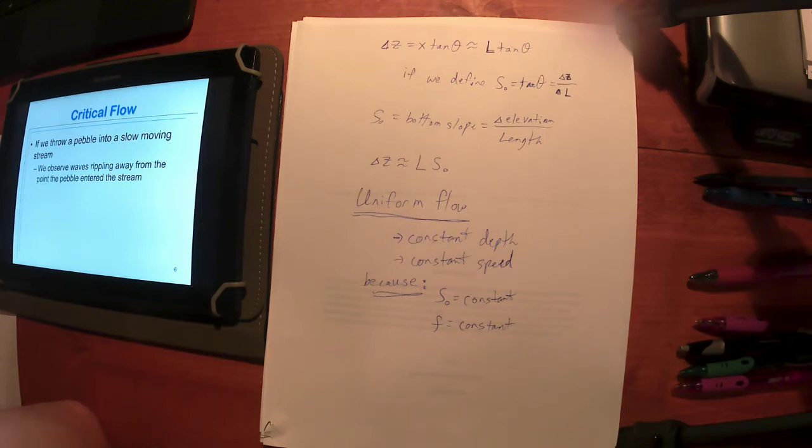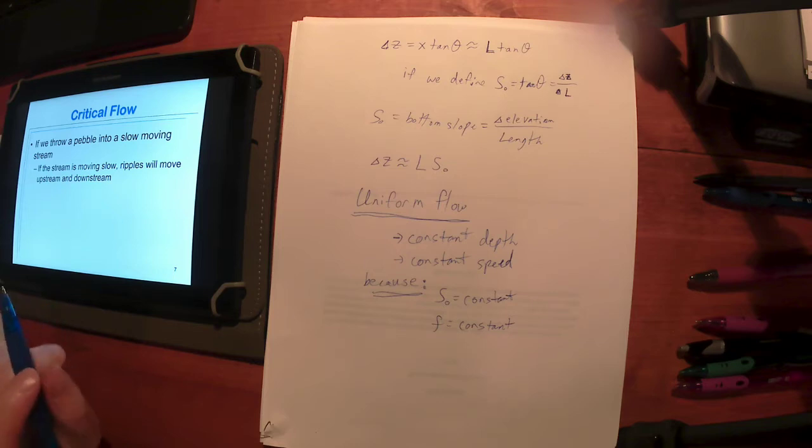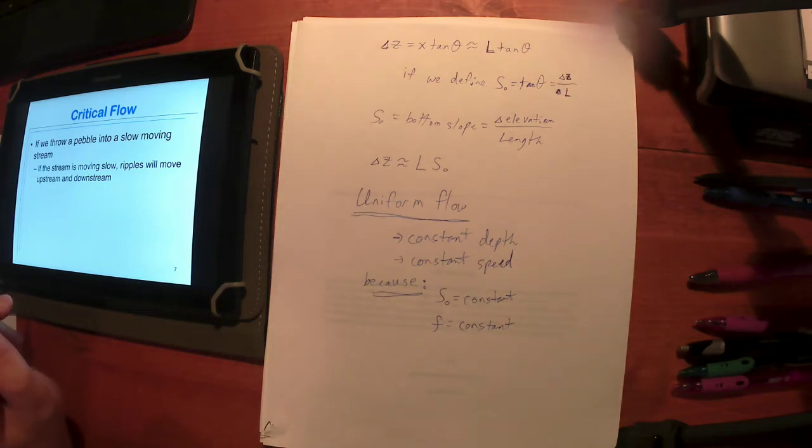Notice that there are going to be ripples moving away from the point where that object enters the water. Now, what happens to those ripples? Well, if it's a really slow-moving stream, those ripples will move upstream and downstream. Especially if it's like a lake.